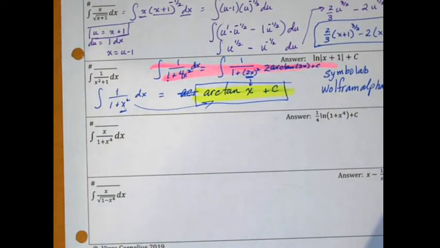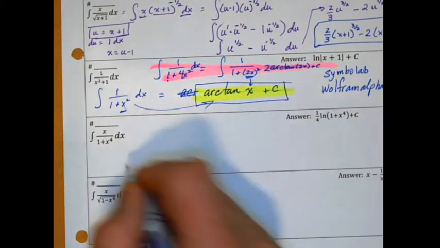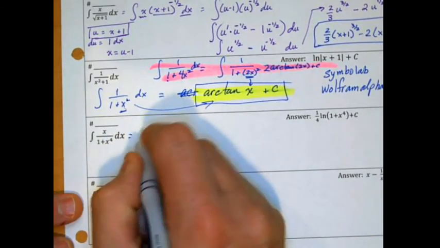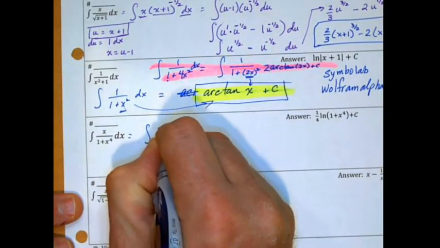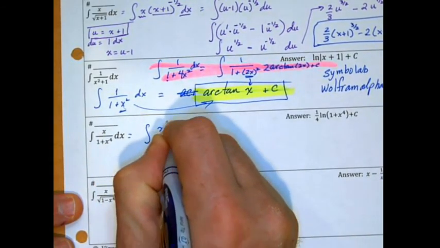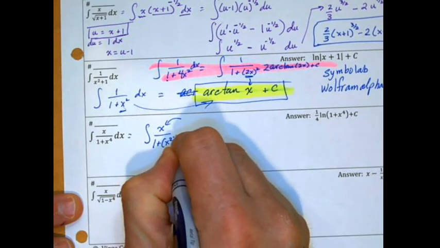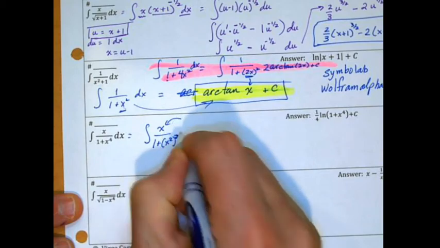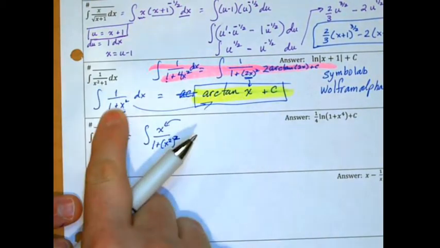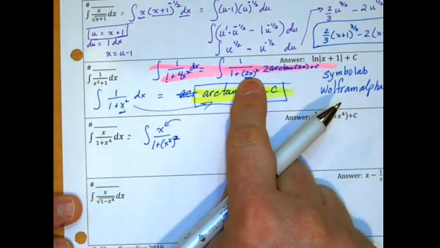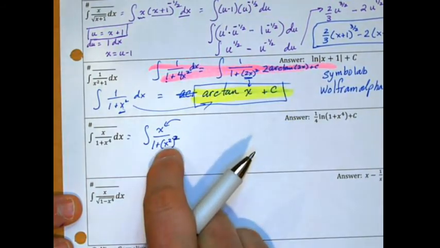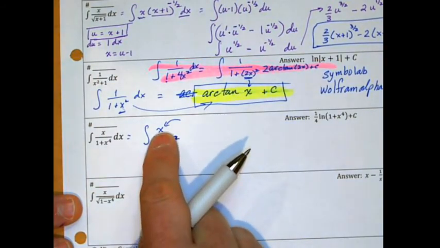All right. So this one we're going to write as x over 1 plus, and this is any form of the denominator. So you remember I said right up above, we could put it as whatever number is being squared. So we know the derivative of this is 2x.